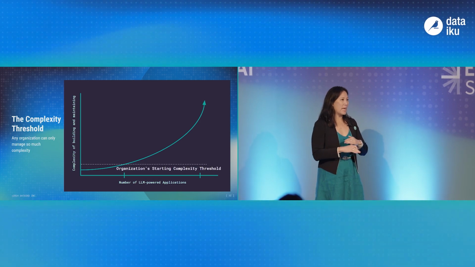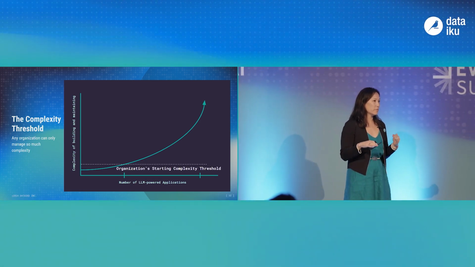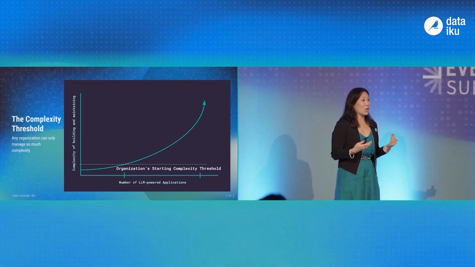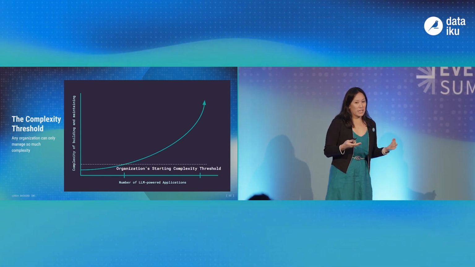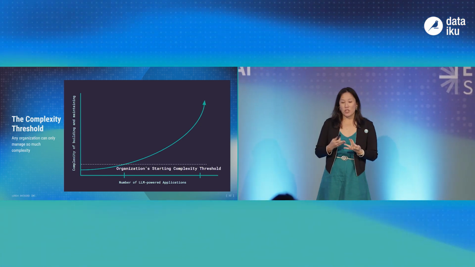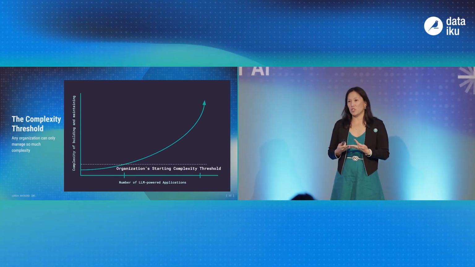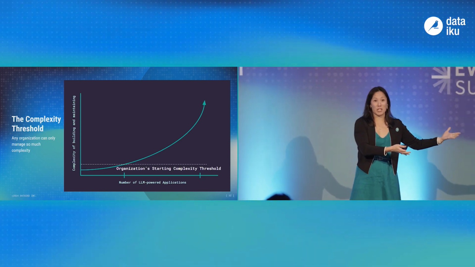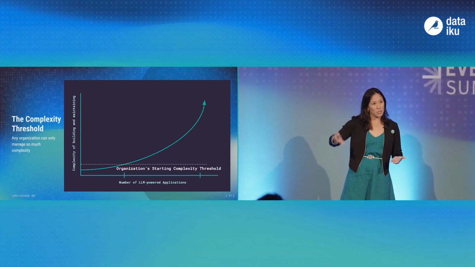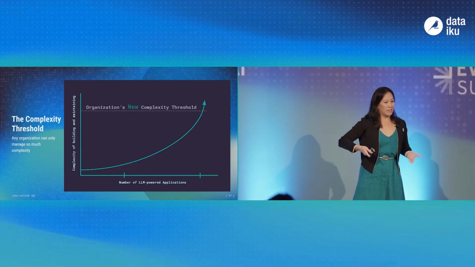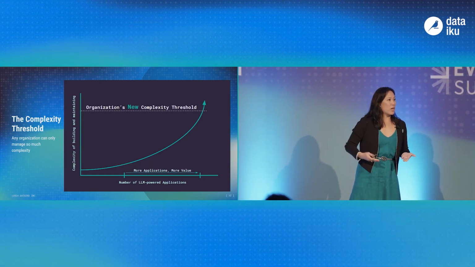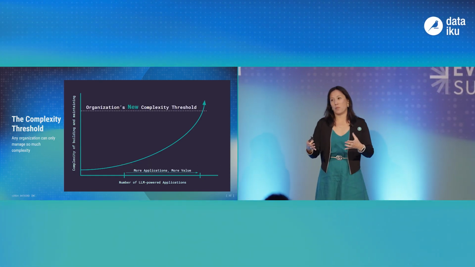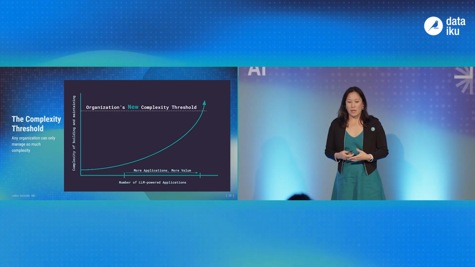And so every company has some threshold for chaos that they can tolerate. And at some point, you're going to hit the point where the staff that you have can only do so much because they're spending so much time holding up the earth that they have no time to innovate new stuff. And the only way to move up this curve is to raise that bar. And to do that, we have to break it apart, break the monolith apart, make things more modular.